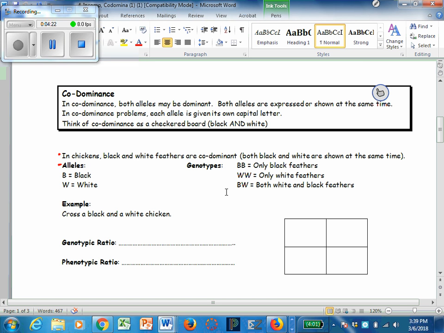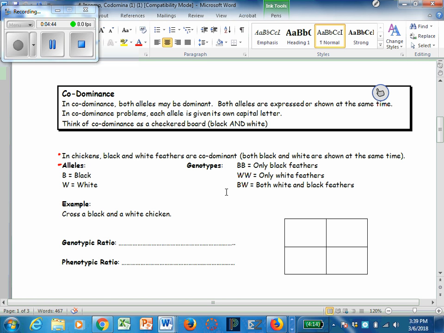So if incomplete dominance is mixing paint, codominance is like mixing Play-Doh or clay. We did that in the cell cycle lab. And I asked you, please do not mix the colors because you can't unmix them. All right? Codominance is when the heterozygous version gives you a little bit of each version.